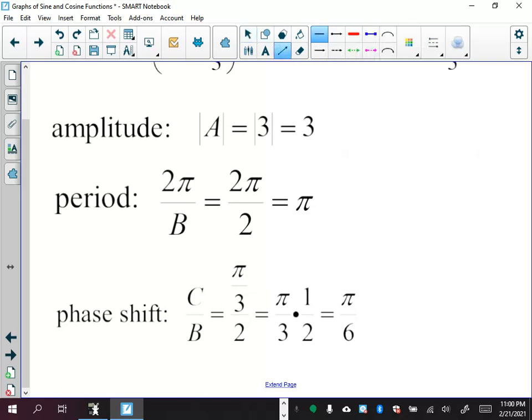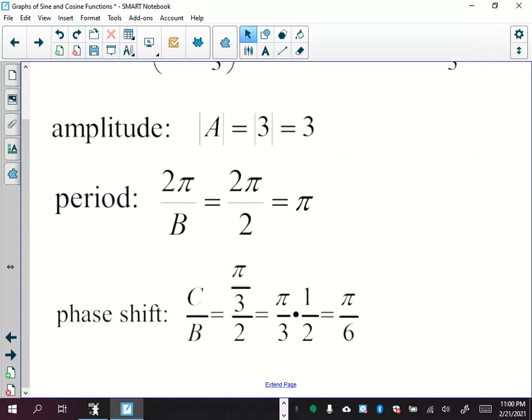My bad. I can't read my own stuff, huh? There's that and that, so you can see a little bit easier. So then we're going to copy dot flip, and I wind up with pi over 3, because that's from my numerator, and then 1/2. Multiply that straight across, and I wind up with pi over 6. So this is our phase shift.